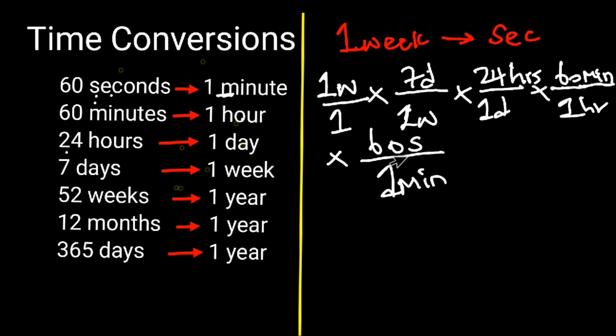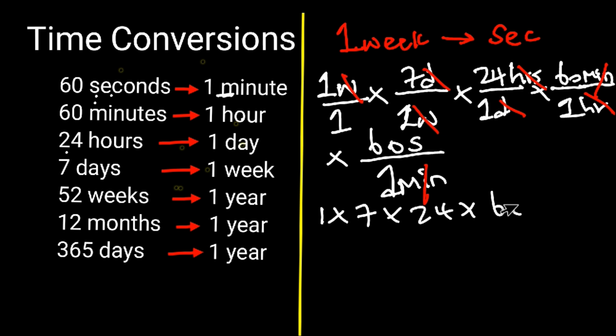numerator. 60 seconds make 1 minute, so that in the end week and week will cancel, day and day will cancel, hour and hour will cancel, then minutes and minutes will cancel. Then we'll be left with seconds, which is our focus. And so we are going to multiply the numerators, which are 1 by 7 times 24 times 60 times 60, then divided by, now 1 times 1 times 1 times 1 times 1 is equal to 1.